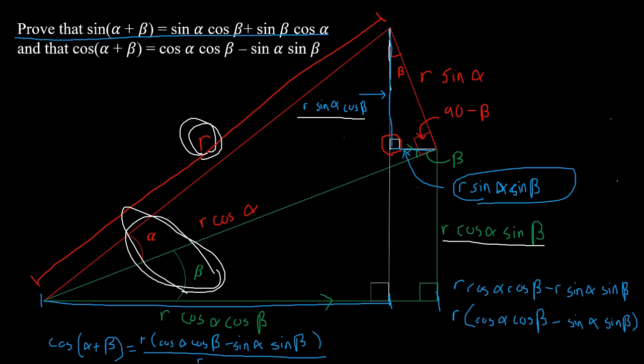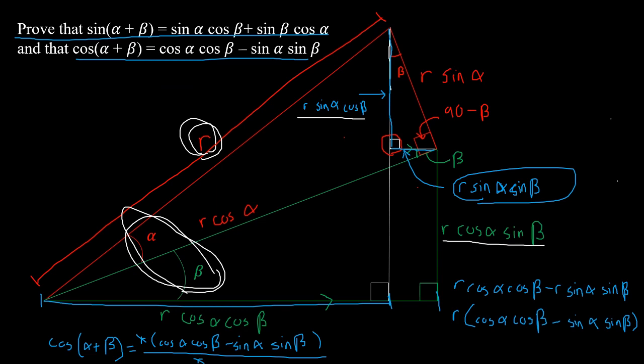Notice that the r's cancel out, and you're left with cosine of alpha plus beta equal to cosine alpha cosine beta minus sine alpha sine beta, which is just this statement right over here. So that is how you prove the angle addition formulas for sine and cosine.